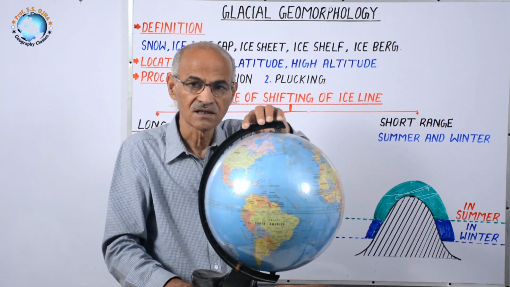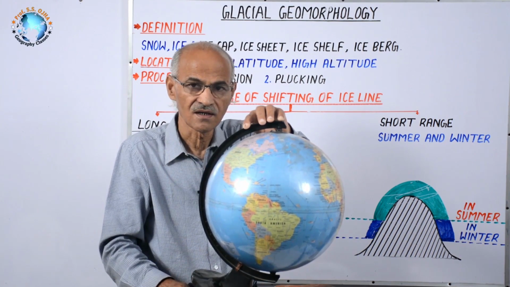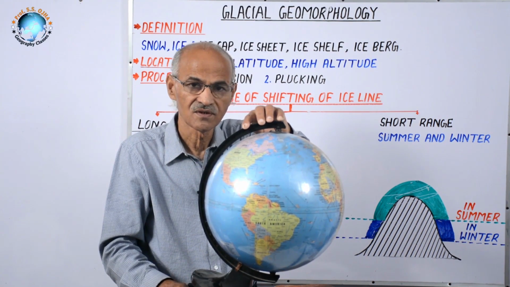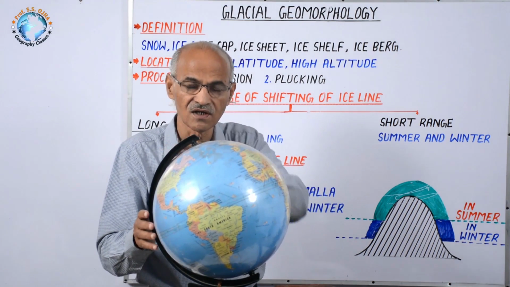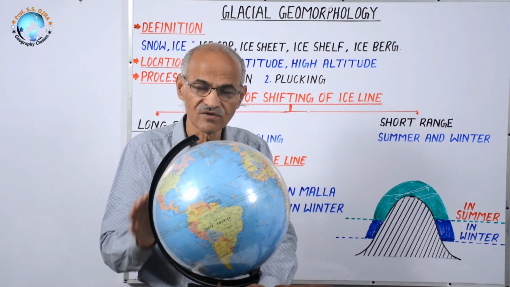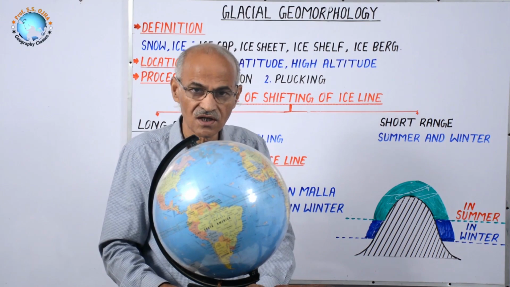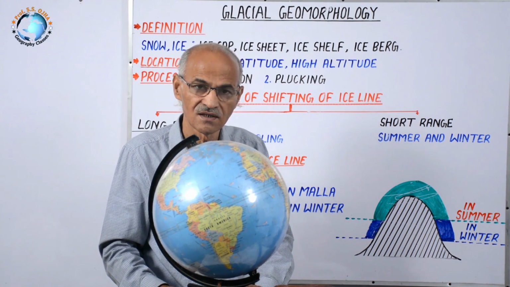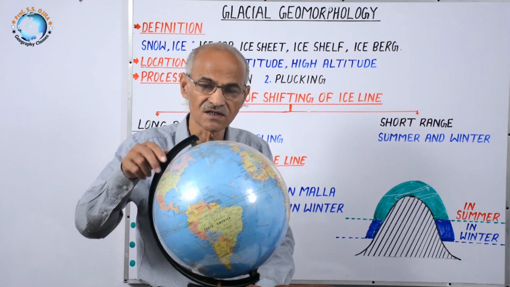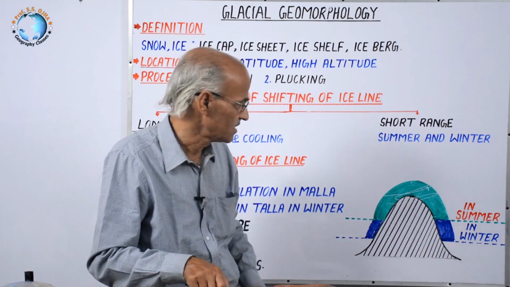That's why ice line might have been permanent near Arctic, Antarctic and over mountain tops. But because of the tilt in the axis of the earth, once the north hemisphere is inclined towards the sun and then the south hemisphere is inclined. That's why summers and winters are there, which cause shift in ice line.